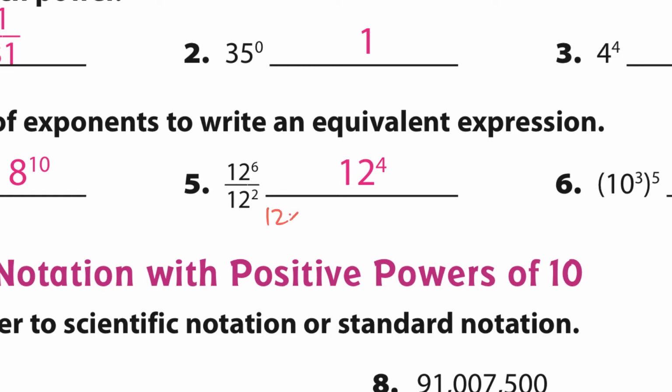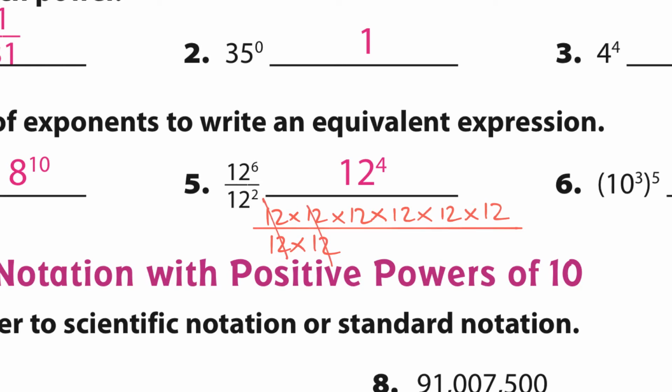That's 12 times 12 times 12, that's 3 of them, 4, 5, 6 over 12 times 12, because that's 12 to the second, and then these will cancel, and there is your 12 to the fourth. 1, 2, 3, 4. That's why.